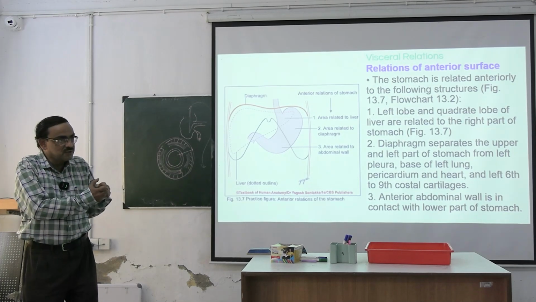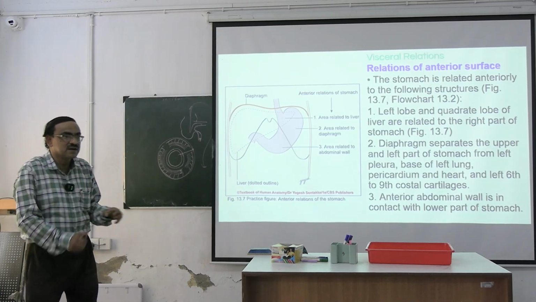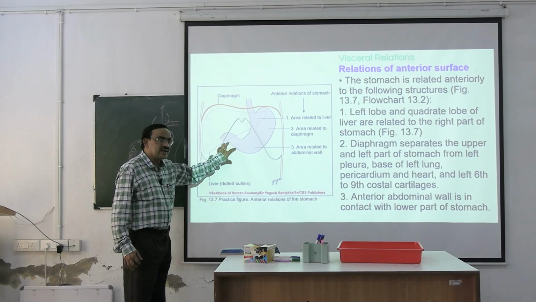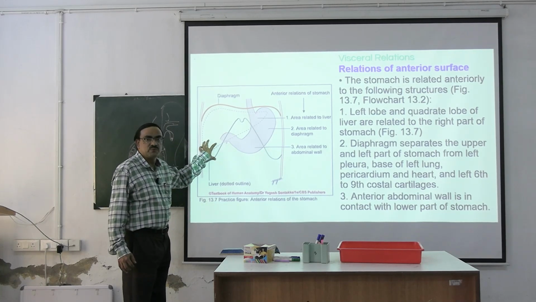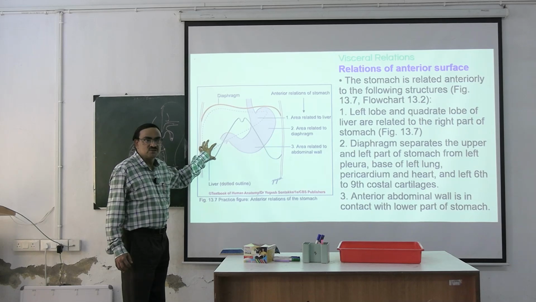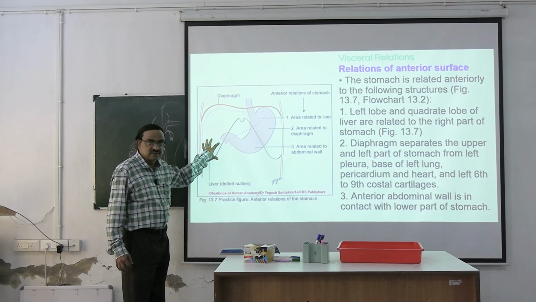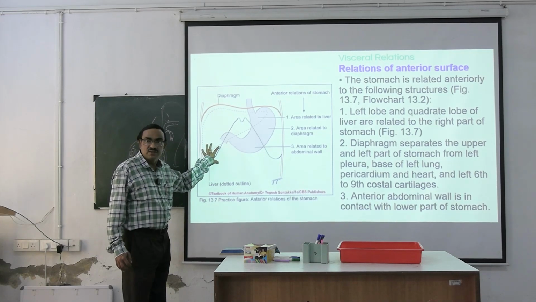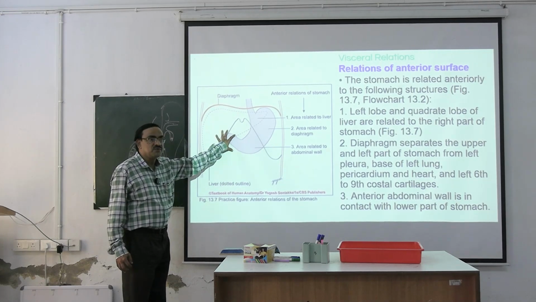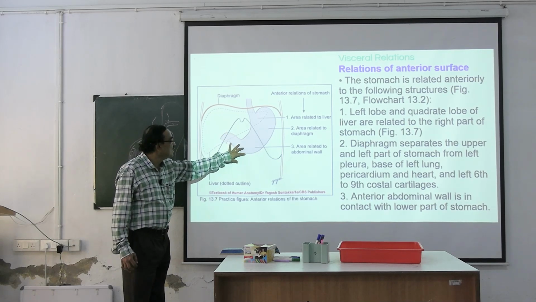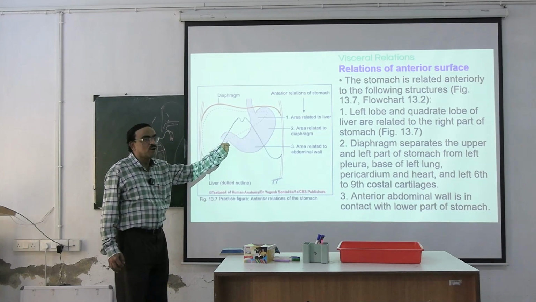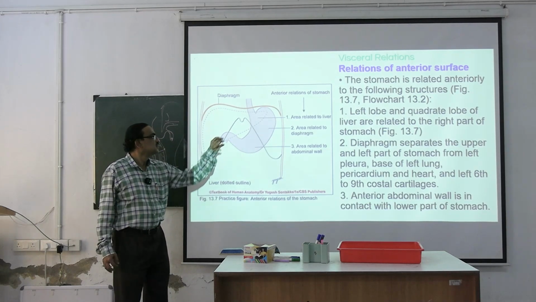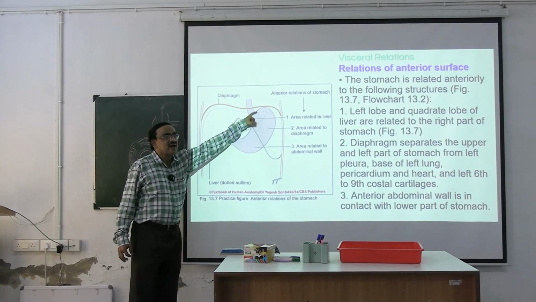So ultimately that pylorus will get obstructed if there is a growth here, whether it is in the pancreas or we are getting cholangiocarcinoma. That means carcinoma, meaning cancer of the head of the pancreas, or in the gallbladder, or in the pyloric region, gastric carcinoma. So ultimately this outlet will get obstructed, or here it might be an obstruction.